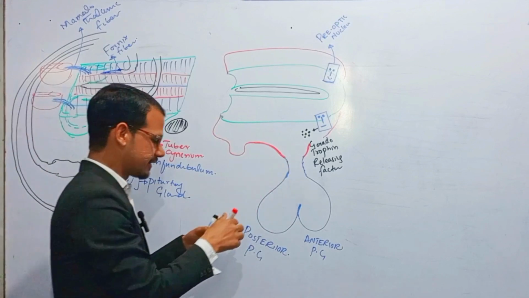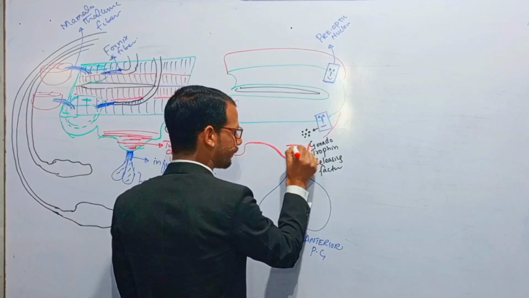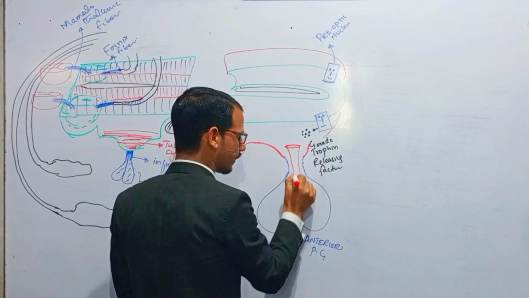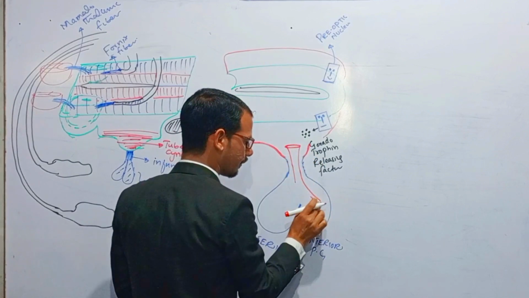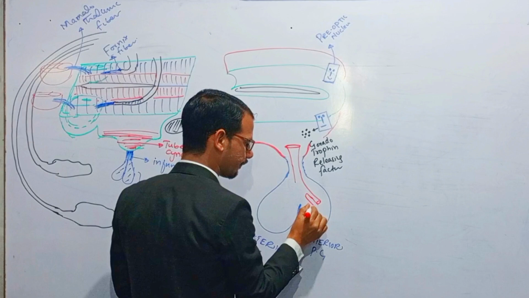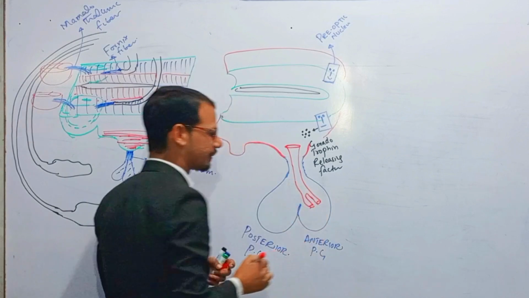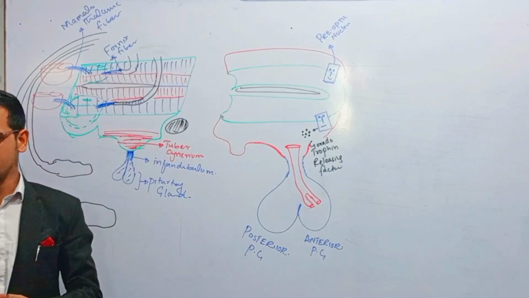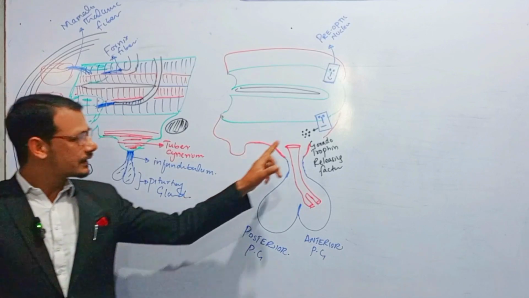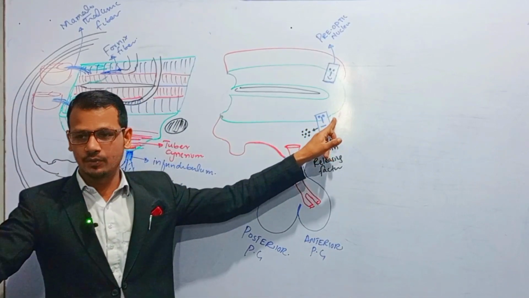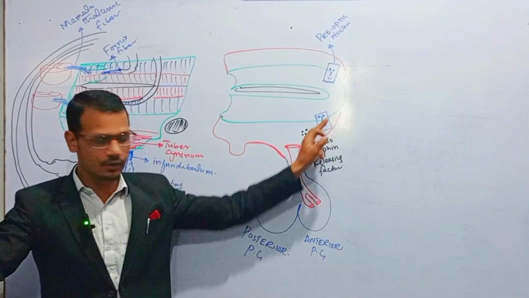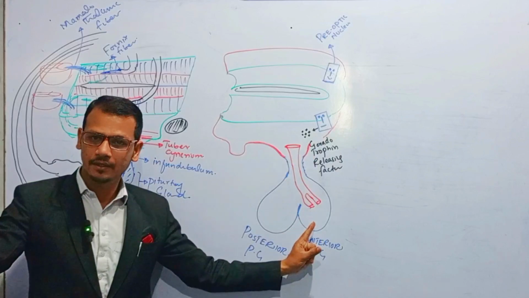For example, this is the blood supply of the anterior pituitary gland. It means this preoptic nuclei will secrete its hormone into the anterior pituitary gland.